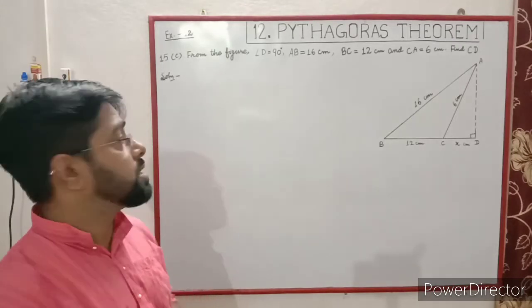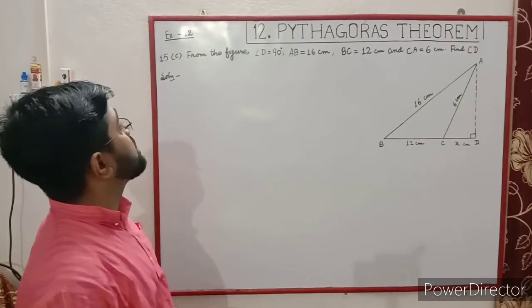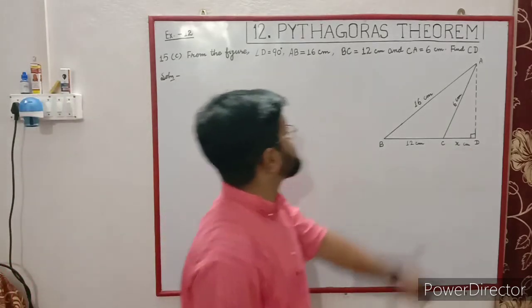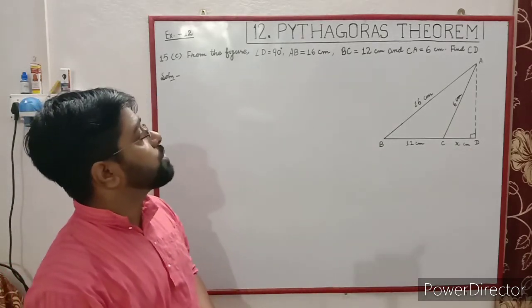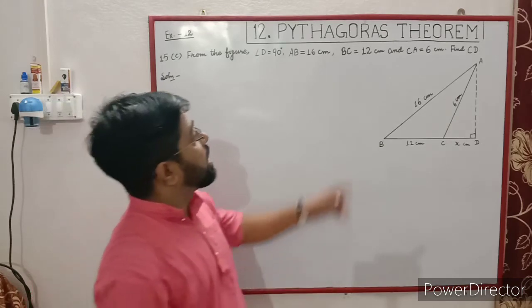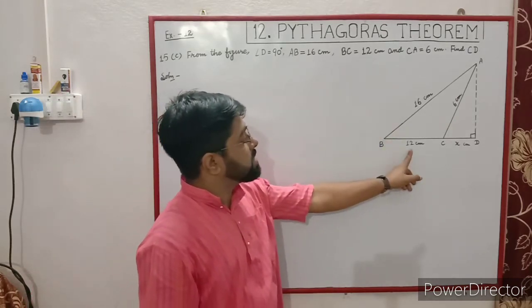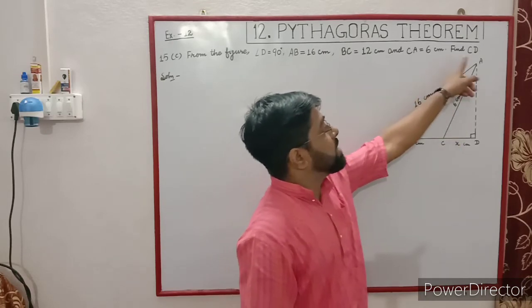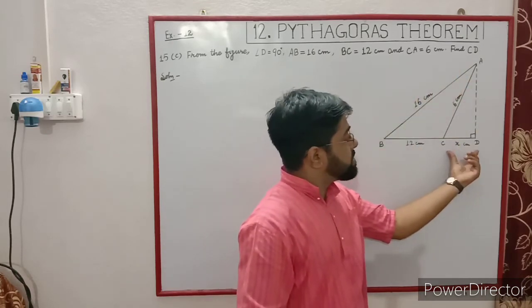Let's see one more question. Question number 15C. From the figure, angle D is equal to 90 degree, AB is equal to 16 centimeter, BC is equal to 12 centimeter, and CA is equal to 6 centimeter. Find the length of CD.